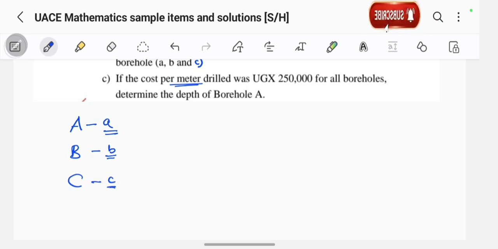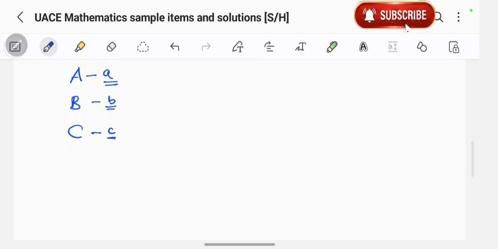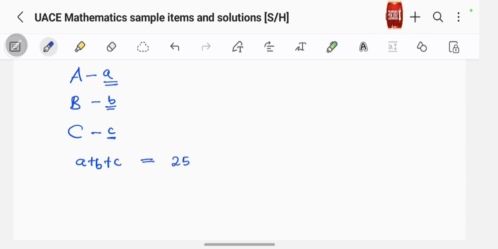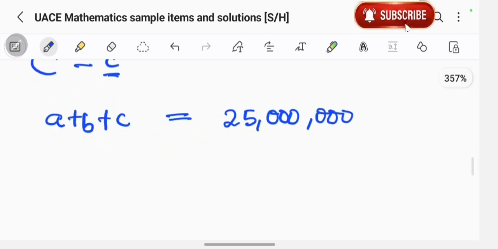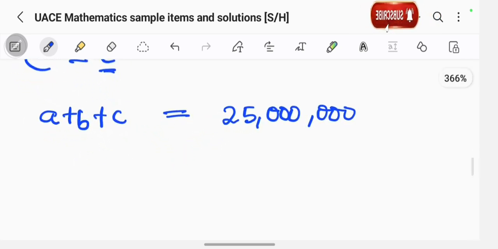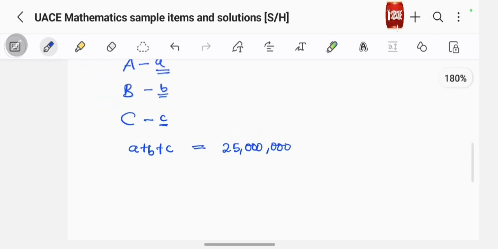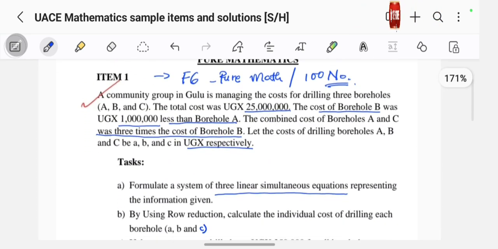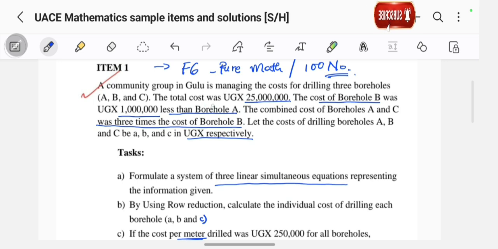Then it's stated that A plus B plus C, remember, they said that the total cost is 25 million shillings. From this statement, the total cost is 25 million.